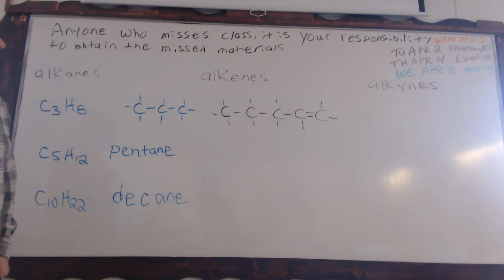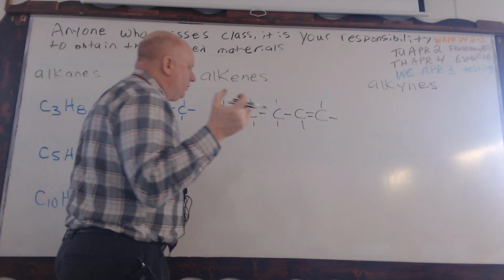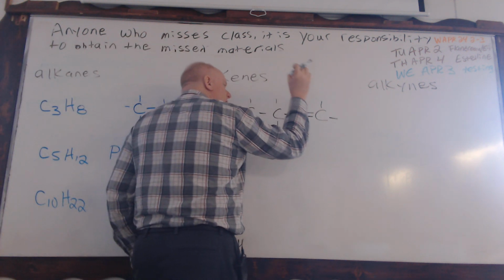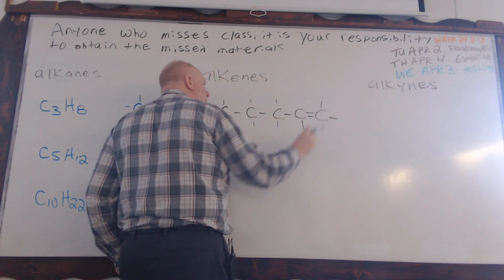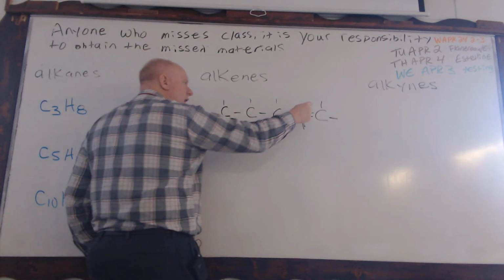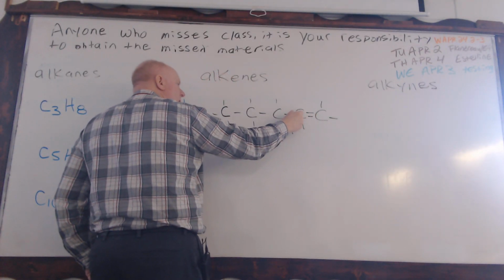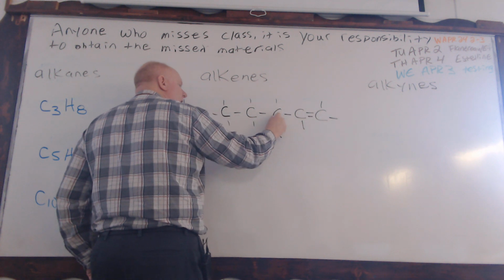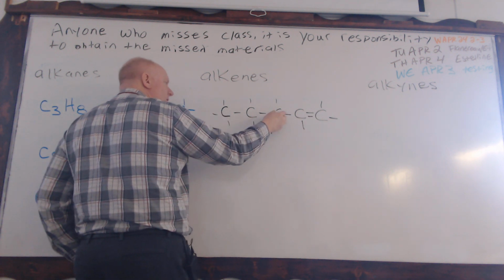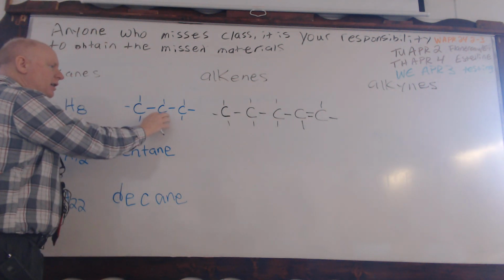Okay, because again, to be stable, carbon has to have 4 bonds. And it does, because it's got 2 hydrogens and 2 bonds to that carbon. That carbon has 2 to this one, 1 to that one, and 1 hydrogen. And then everything would represent the same thing that we see here.